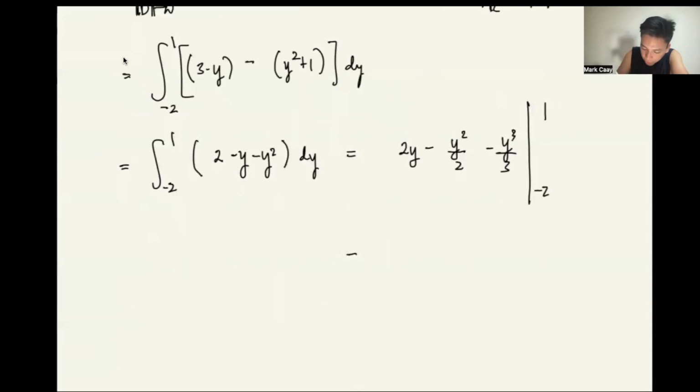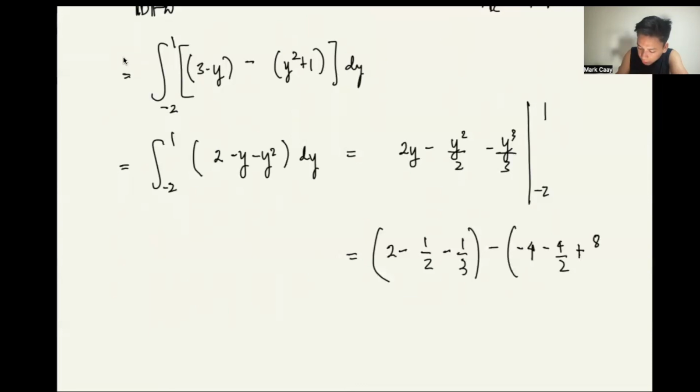So, this is equal to 2 minus 1/2 minus 1/3, will be minus negative 2, so negative 4 over 2 minus, kasi negative, so magiging plus yun, yung 8 over 3. Yan. So, kayo na lang mag-compute. Ang sagot ko nito is 9 over 2 square units. That's it. So, if you have any question or clarification, please let me know.